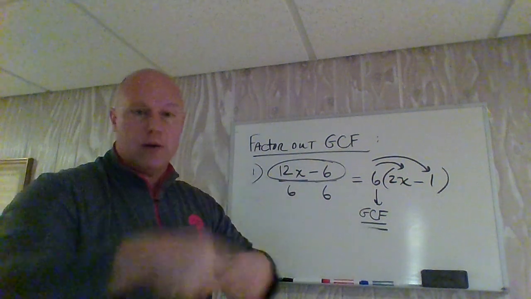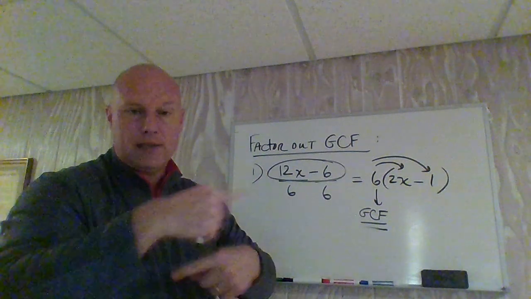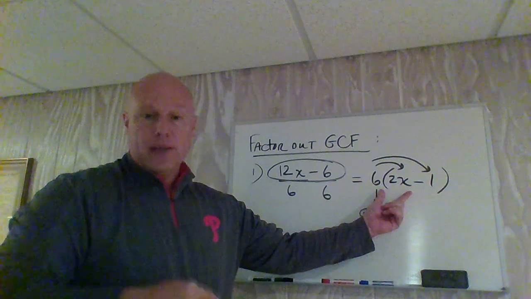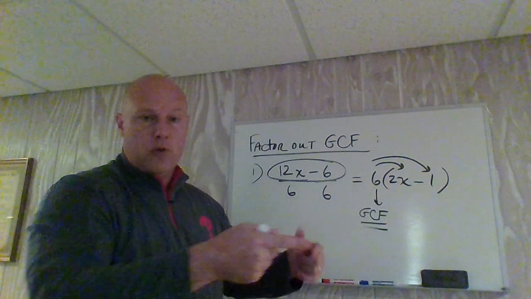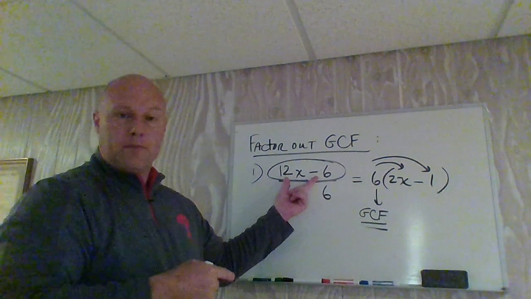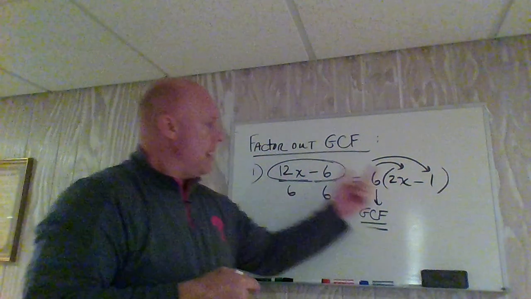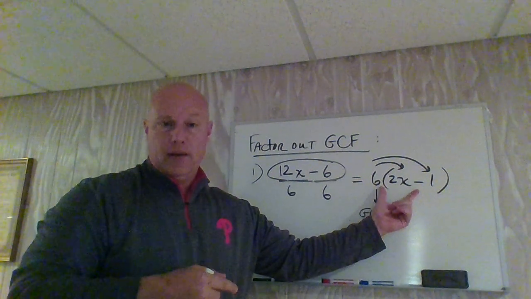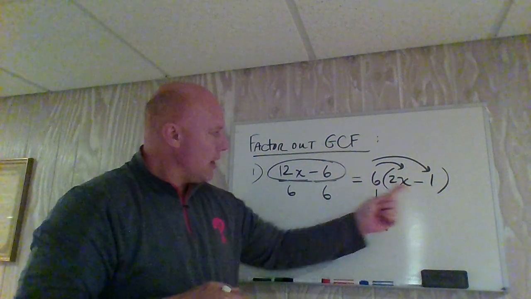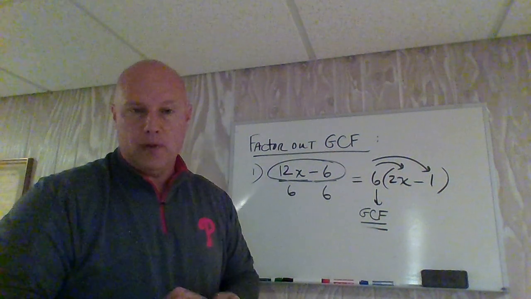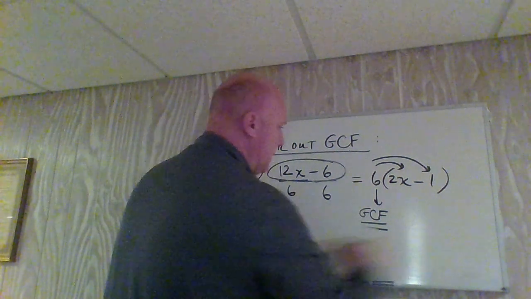Basically we're reversing the process you were asked on your last quiz to distribute, correct? Going forward, you're going to be given the end expression, and now you're going to be asked to factor it. That's one example.